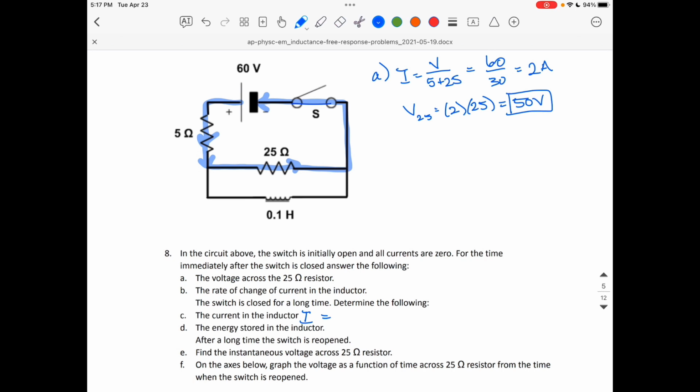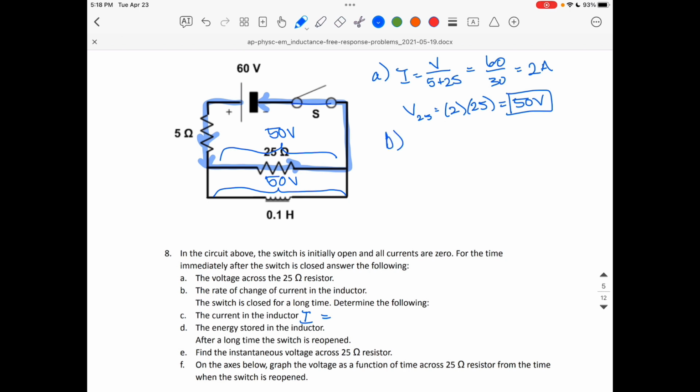For part B, we want the rate of change of current in the inductor. Just when the switch is closed, we just calculated that the voltage drop through this resistor is 50 volts, which means that the voltage drop through this inductor is going to be 50 volts, and therefore we have the voltage, which is the same as EMF.